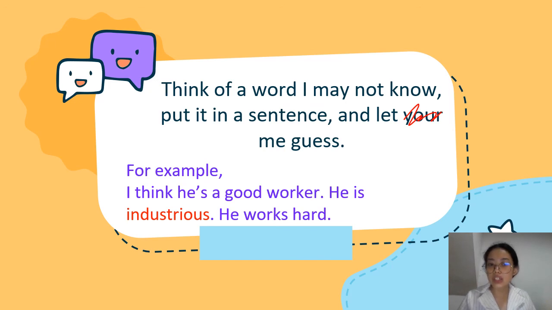He is industrious. He works hard. I don't know the word industrious, but I add the words "he works hard" in order to explain the meaning of industrious. So again, think of a word.